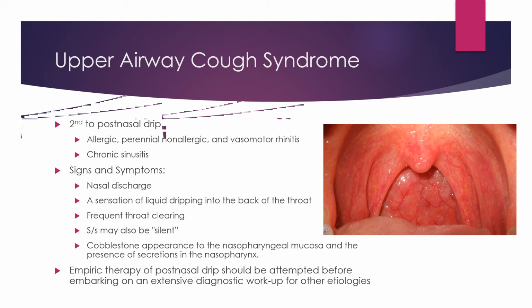Something else I'm going to mention here is, don't forget to ask if they notice, and this doesn't go with upper airway cough syndrome, but this will help you rule out GERD: don't forget to ask if they get that sour taste in their mouth.